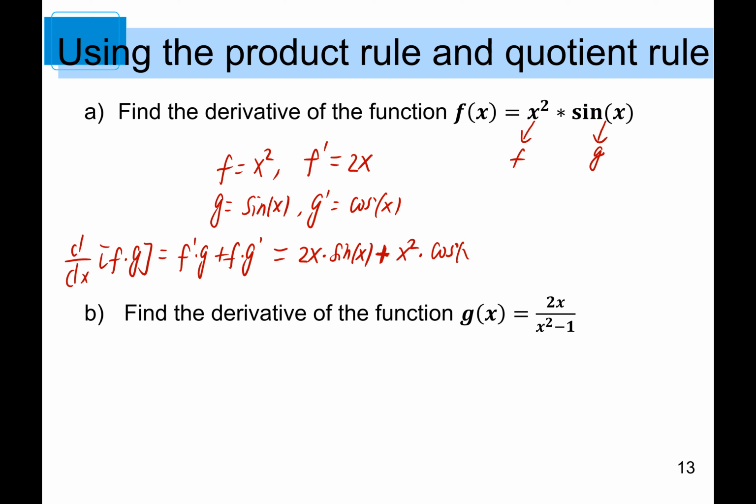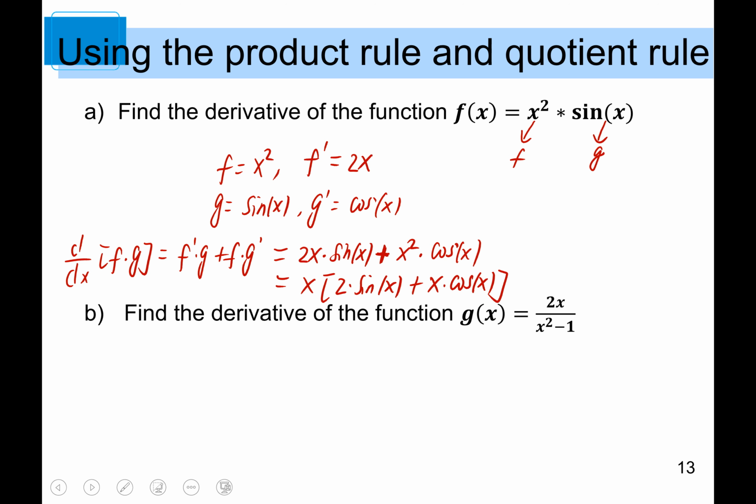You can leave it like that, or you can factor out x, so it becomes x times (2 sine x plus x cosine x). Okay, so that's going to be the final answer.